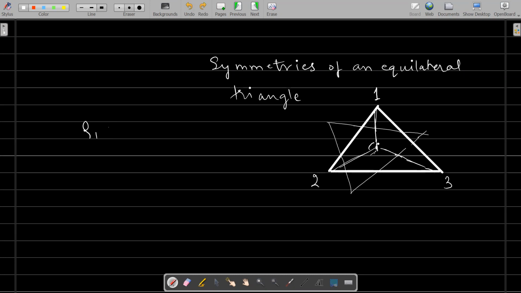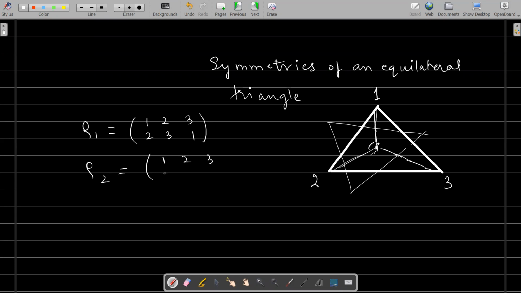Rho stands for rotation, and I'll denote it this way: 1, 2, 3, vertex 1 goes to 2, vertex 2 goes to 3, vertex 3 goes to 1. Then once again, if I rotate by one more 120, so in total 240 degrees, that will again fit onto the original figure. That will also be a symmetry of the equilateral triangle.